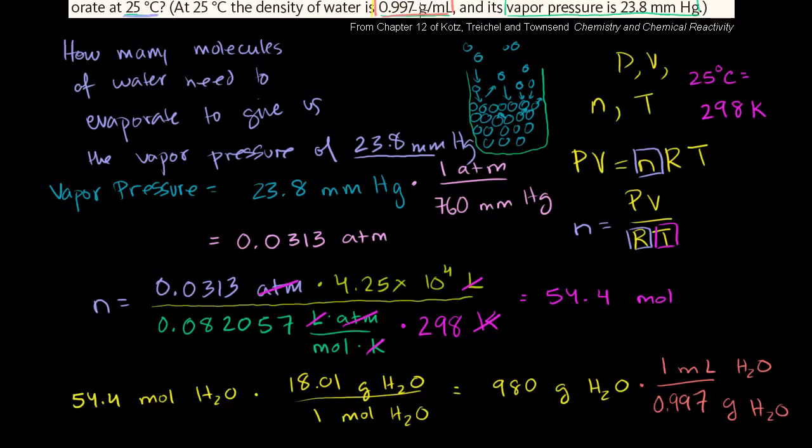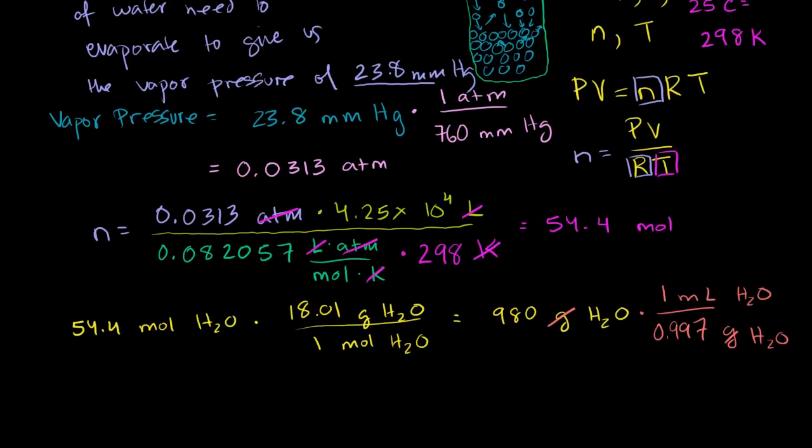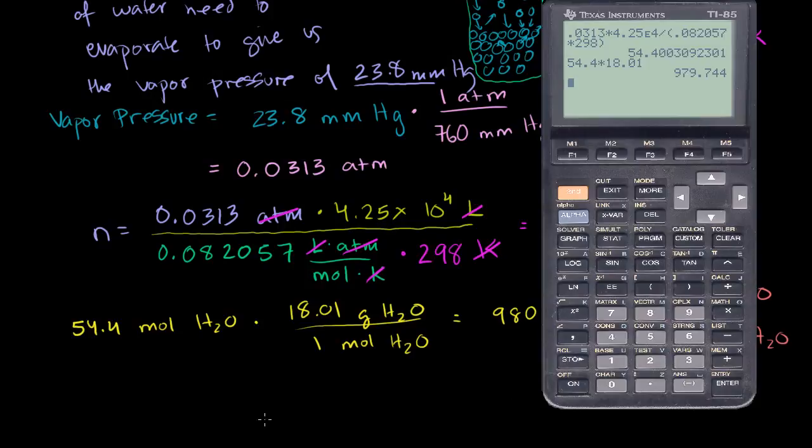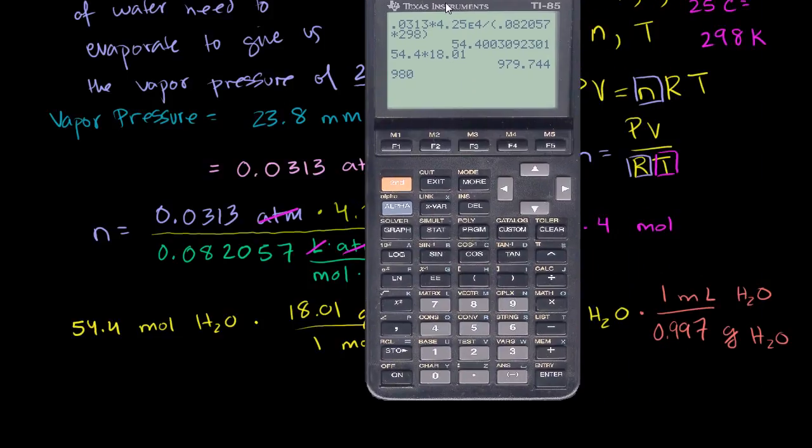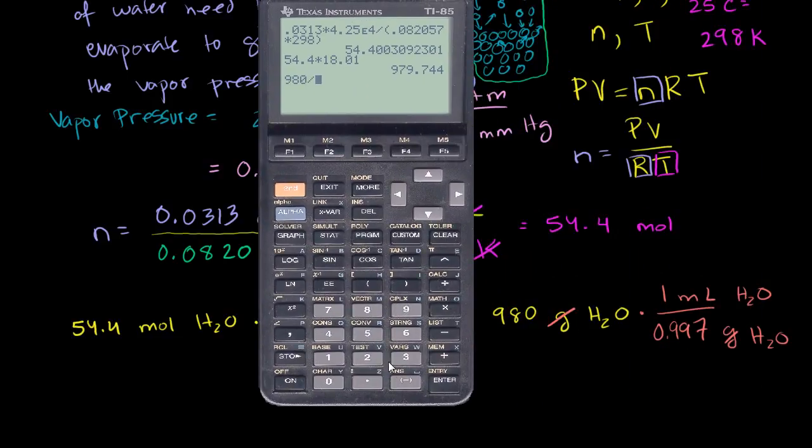So for every milliliter, this is grams per milliliter. We want milliliters per gram because we want this and this to cancel out. So we're essentially just going to divide 980 by 0.997. So what is that? Get the calculator out. So we have 980 divided by 0.997 is equal to, we'll just round this, 983.